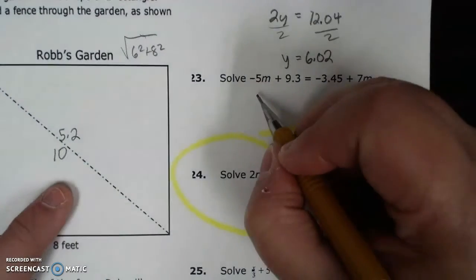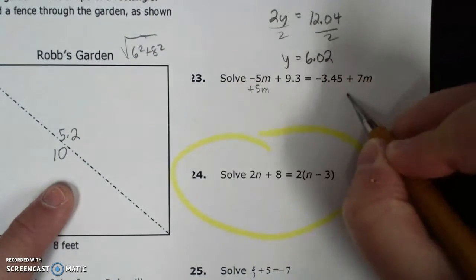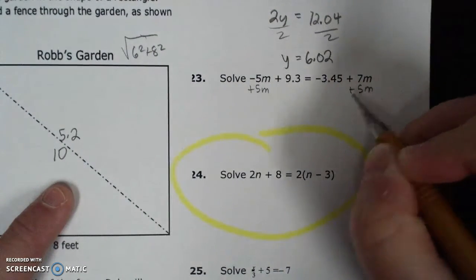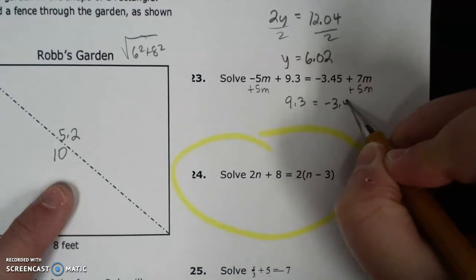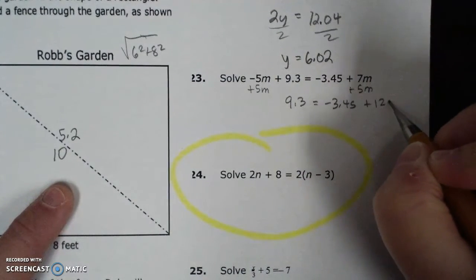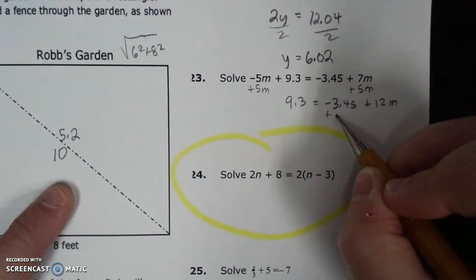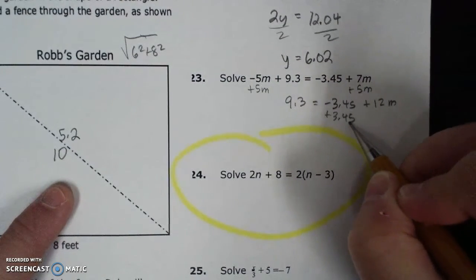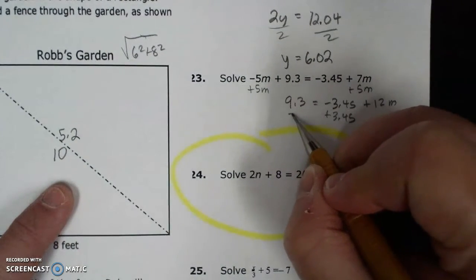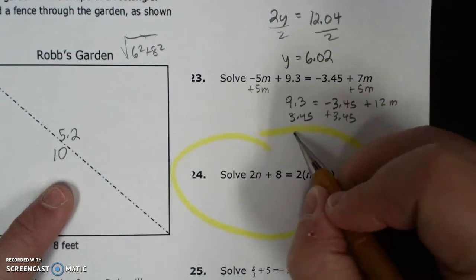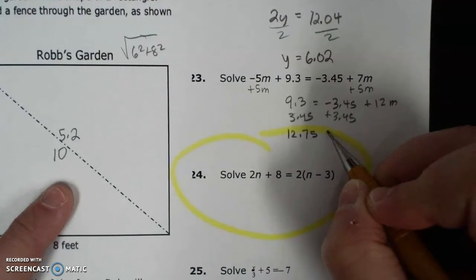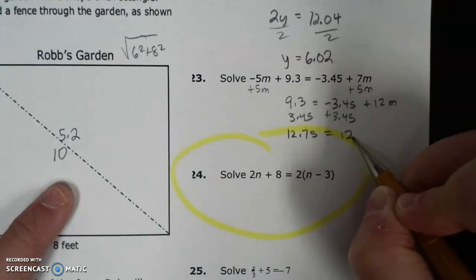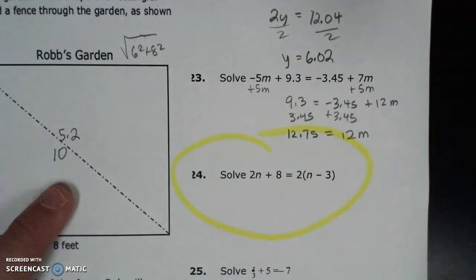Solve. Add 5m to both sides. 9.3 equals negative 3.45 plus 12m. Add 3.45, add 3.45. 12.75 equals 12m.